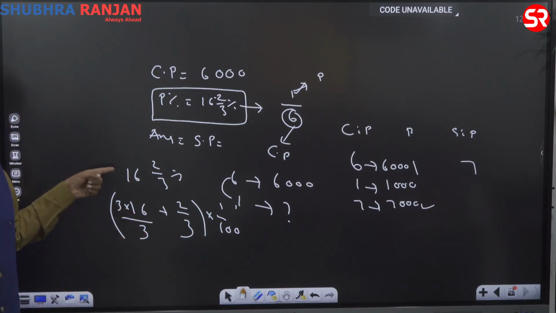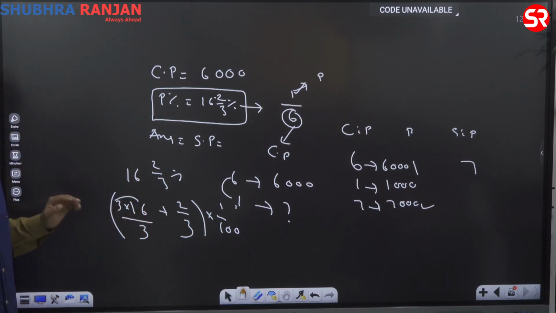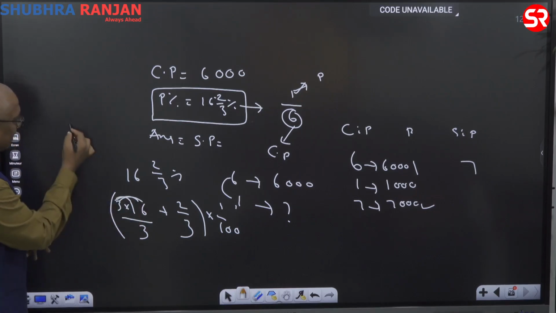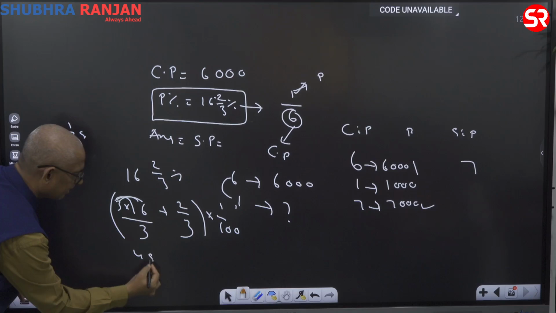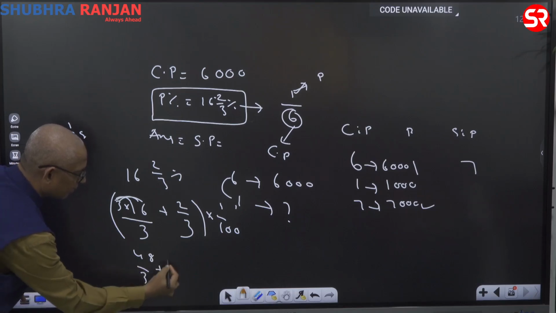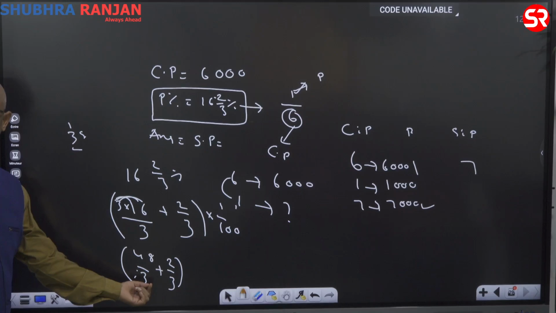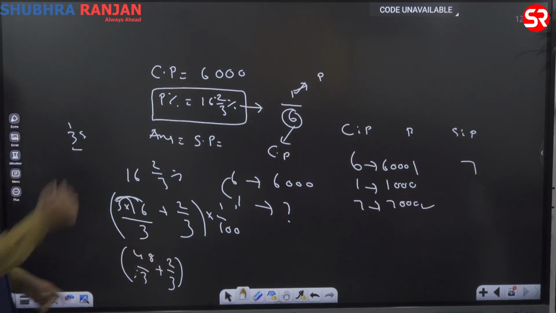Got it? Now what is 3 into 16? Don't worry, we know the flow method. 3 ones are 3, 3 sixes are 18. So the answer is 48. So it will become 48/3 plus 2/3. Are you comfortable with this? The denominator 3 is the same, so like fractions, can I add both? 48 plus 2 is how much? 50/3.